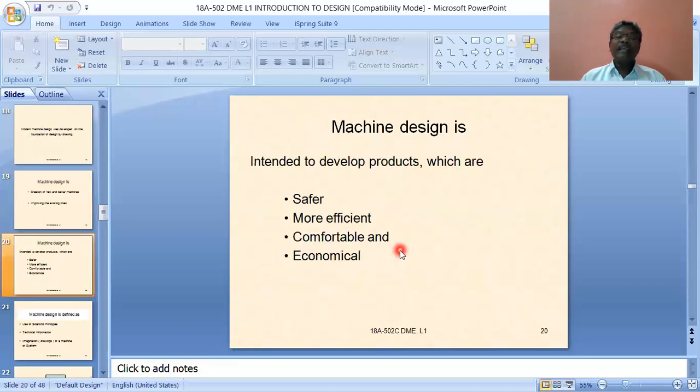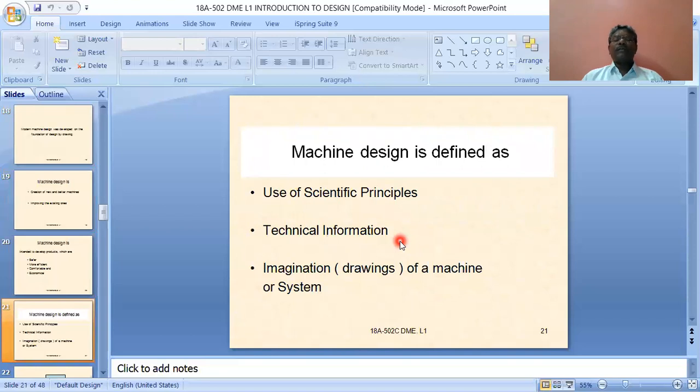Machine design is intended to develop products which are safer for humans, more efficient, comfortable, and economical. The main intentions of design are safety, efficiency, comfort, and economy. So the definition of design is formulating a plan for producing a new or existing product by using scientific principles, technical information, and imagination, that means drawings of a machine or system, whatever it is.